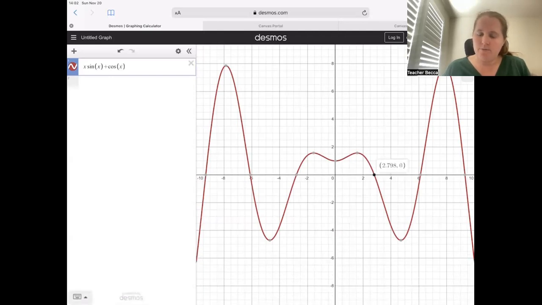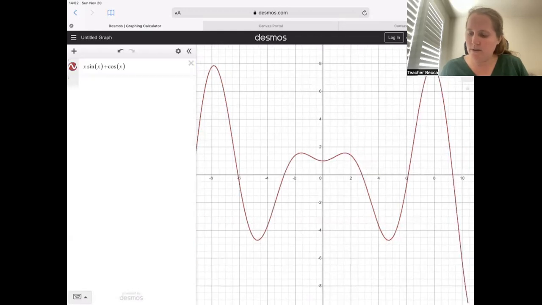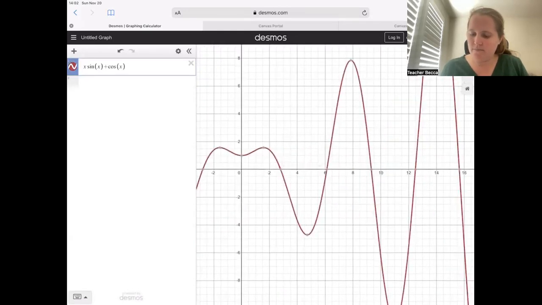The first positive location is at about 2.798. Again at 6.121. Again at 9.318. Again at 12.486, etc.